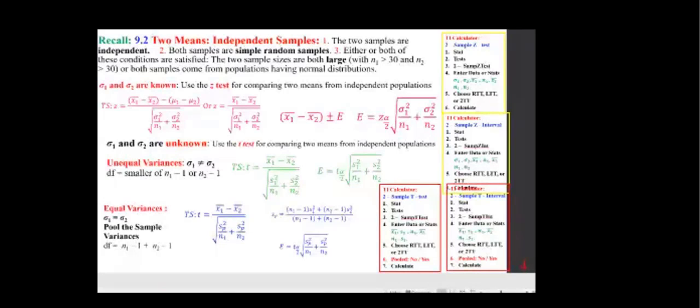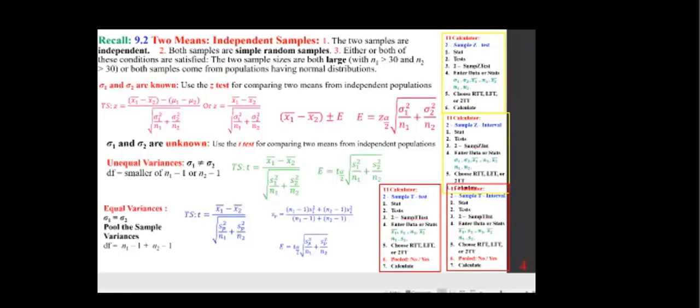When sigmas are unknown, that means sigma 1 and sigma 2 are unknown, we use the t distribution, and the test statistic involves t, which itself has two parts. One is that the variances are equal, one is that they are not.